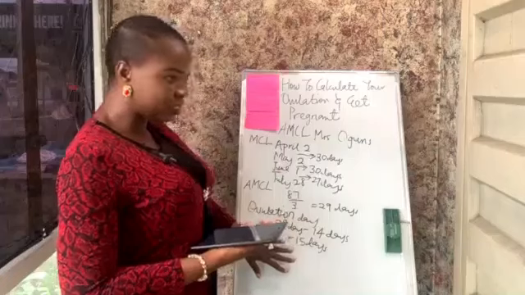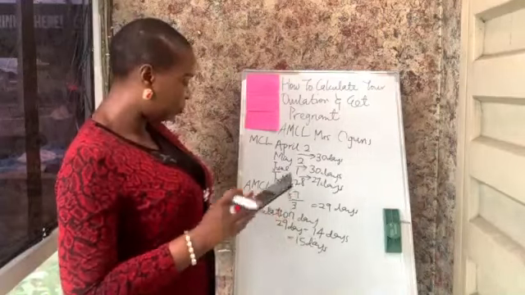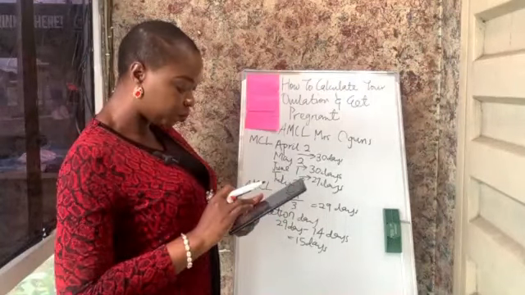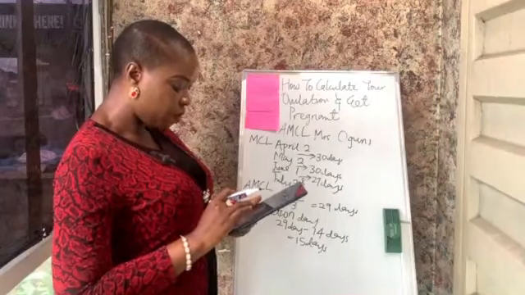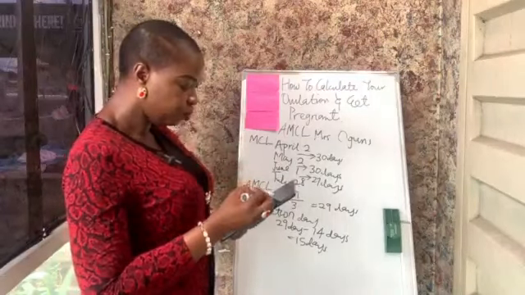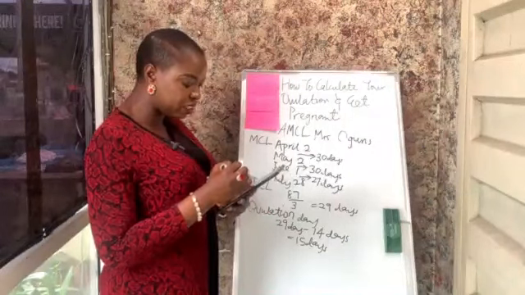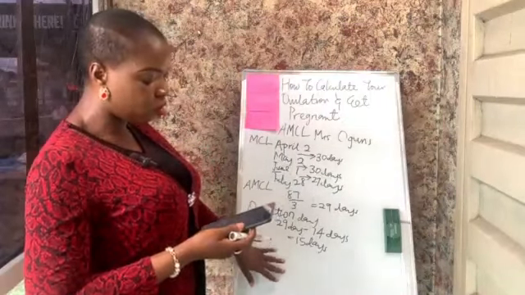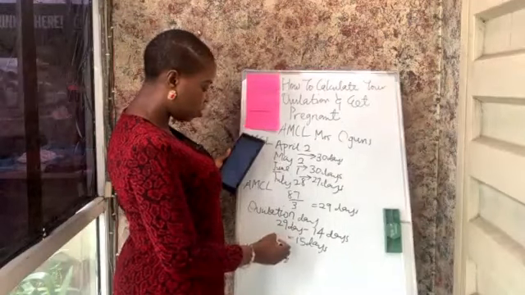Wait, let's look at this again. 28th July, into August. 7 days, then 7, 8, 9, 10, 11, 12, 13, 14, 15th. Okay, it has passed. So it was on the 12th of August. It was on the 12th, ovulation day.